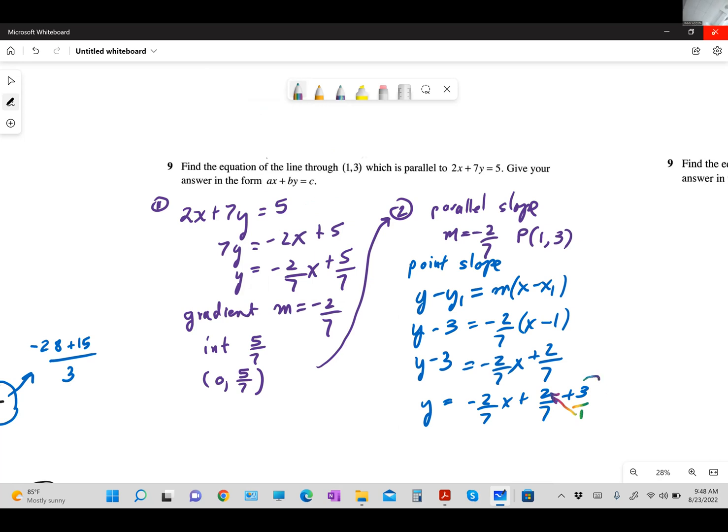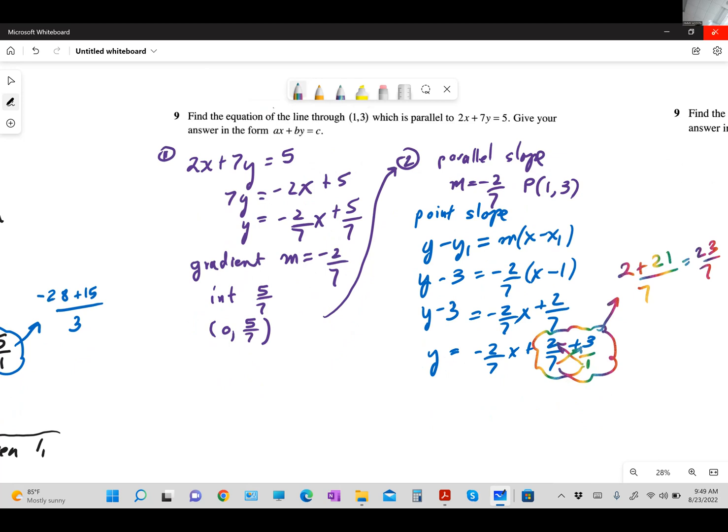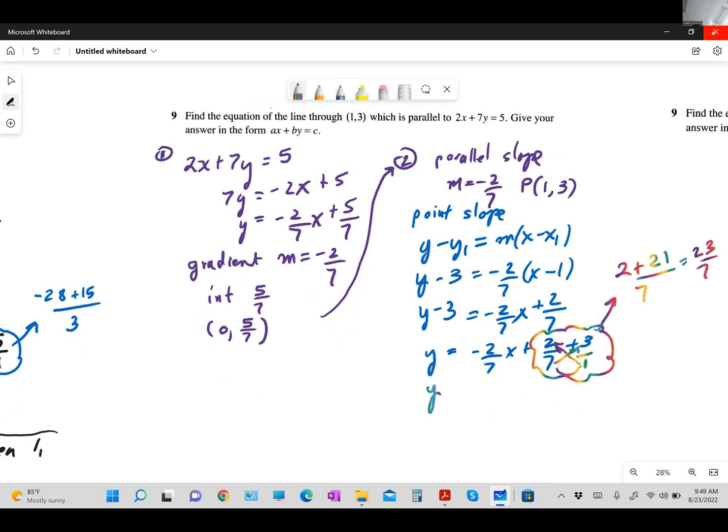I'm going to make a little rainbow cloud here. 2 plus 7 times 3. So that's crisscross. And last one is happy face. 23/7. So what is the final answer here? y equals -2/7 x plus 23/7.